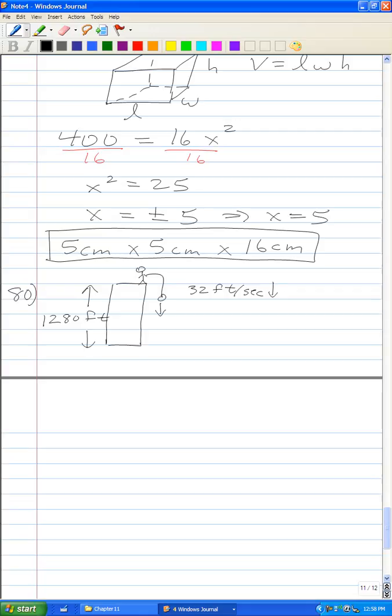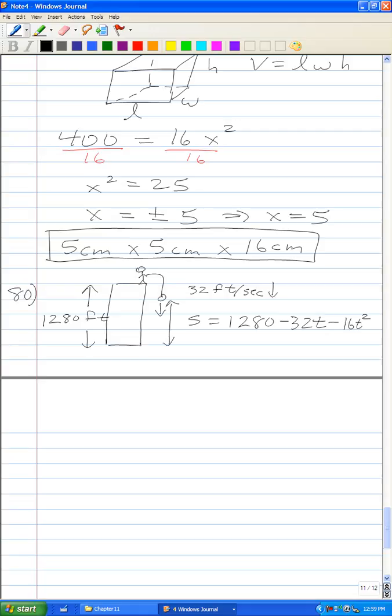The distance s, so this distance here, s, of the object t seconds after it has been thrown off the building is given by the formula 1280 minus 32t minus 16t squared. After how many seconds will the object hit the ground?